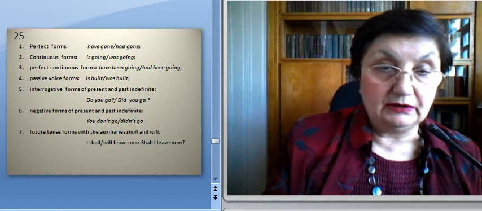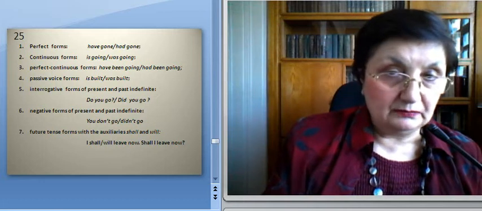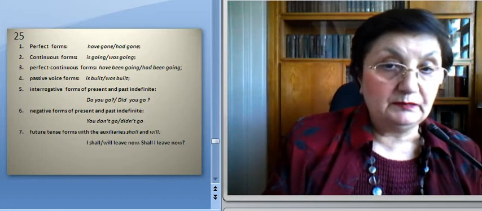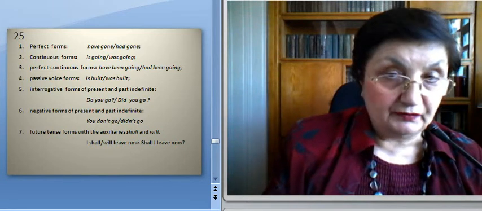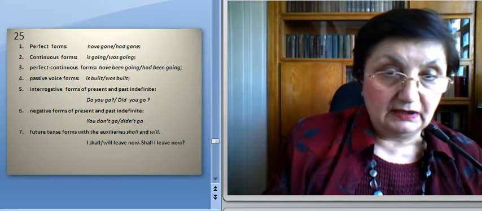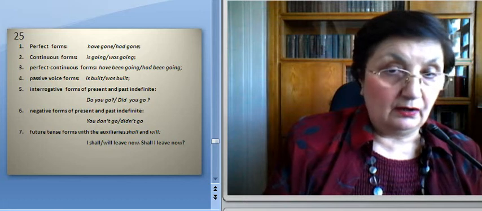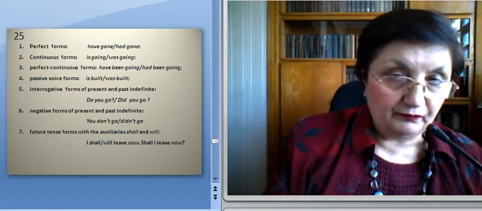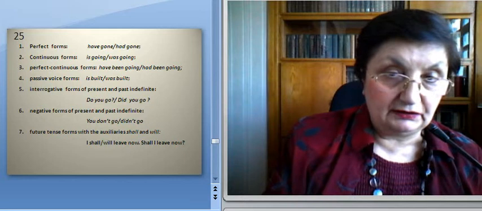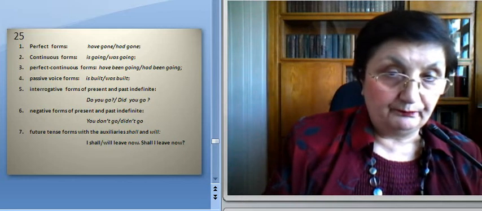Negative forms of present and past indefinite: you don't go, you did not go. Future tense forms with the auxiliaries shall and will, for instance, I shall or I will leave now. Shall I leave now? And so on.